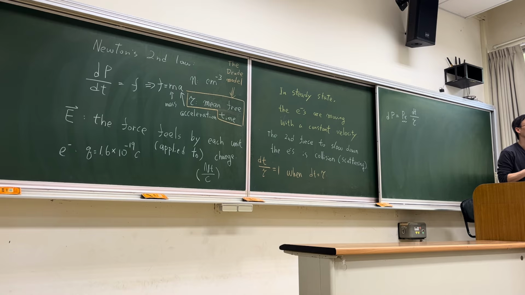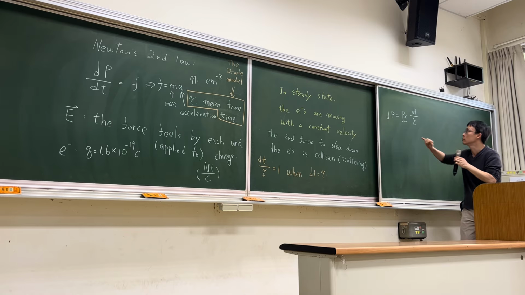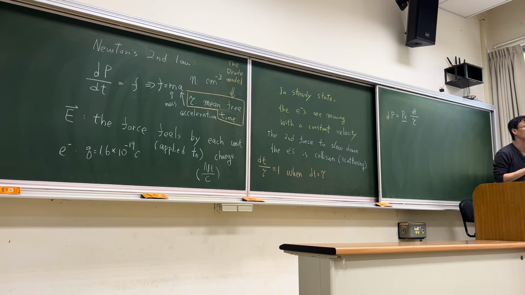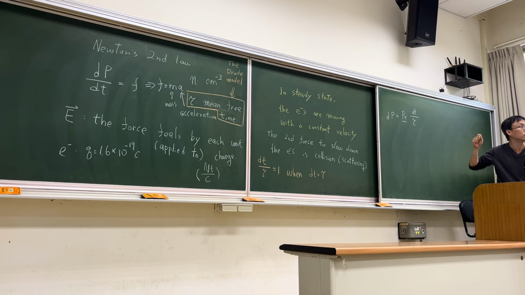Some collision will change the electron moving in the opposite direction. So on average, we assume the total change of momentum after one collision is the original amount. 假设它原来的动量是 p of x，产生一次碰撞，在统计在平均上来讲，它就是最大的变化量。平均来讲就是原来的动量。Okay, so this is what the equation is telling you.